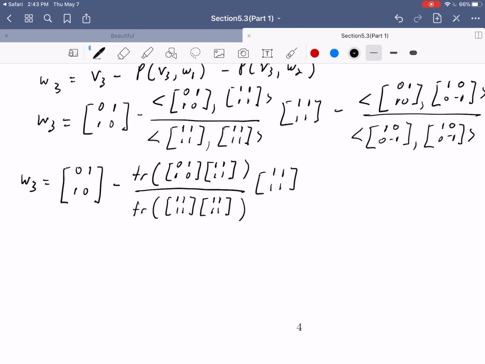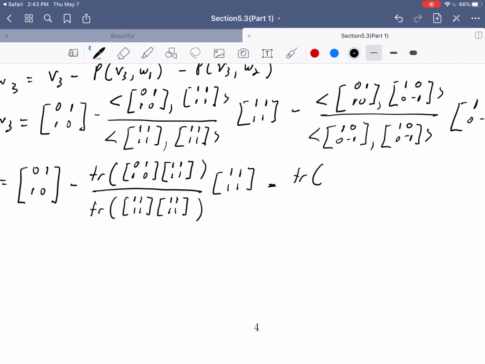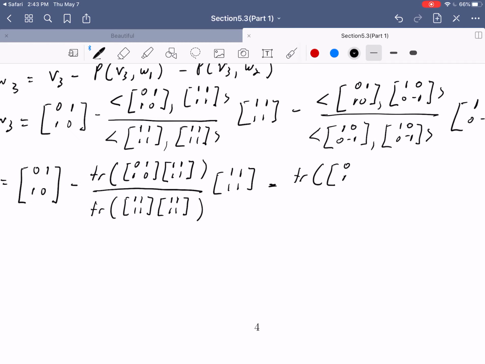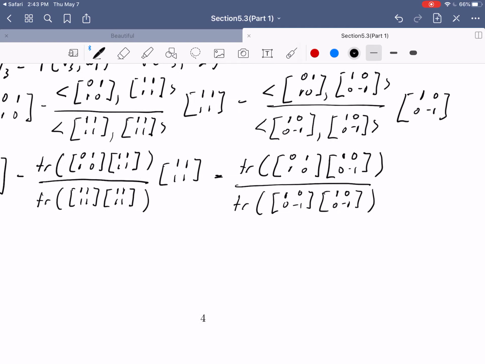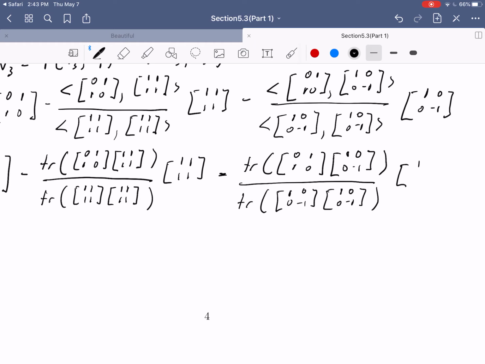So we've got that, and then minus the trace of this guy, 0, 1, 1, 0, times the other guy, 1, 0, 0, minus 1, divided by the trace of 1, 0, 0, minus 1 times itself, 1, 0, 0, minus 1, times this guy, 1, 0, 0, minus 1. Okay.